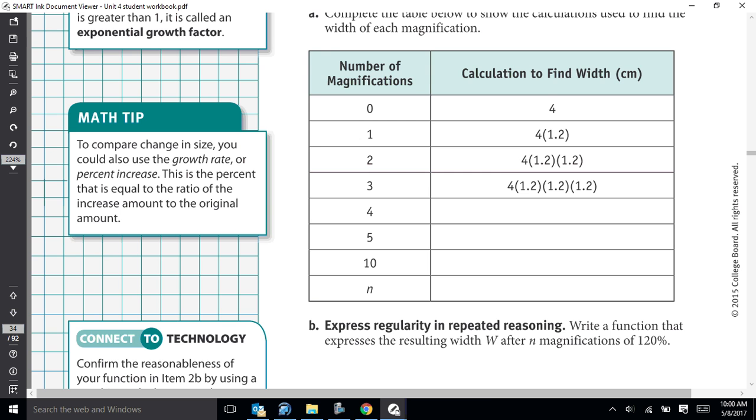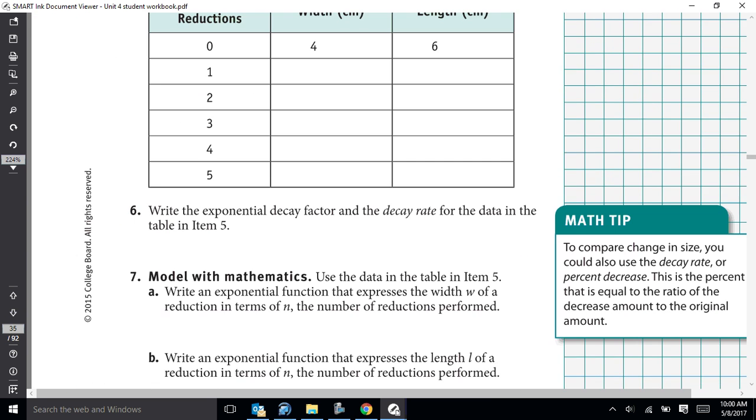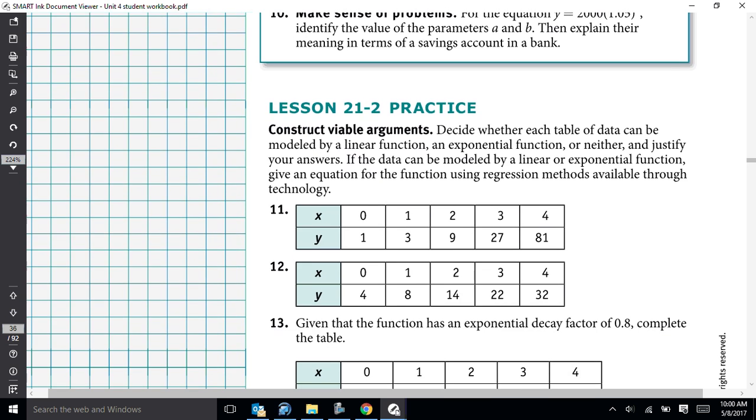Well, 1.2, right? Now there's got to be a table in this lesson. So this is 21.2. All right, here we go.